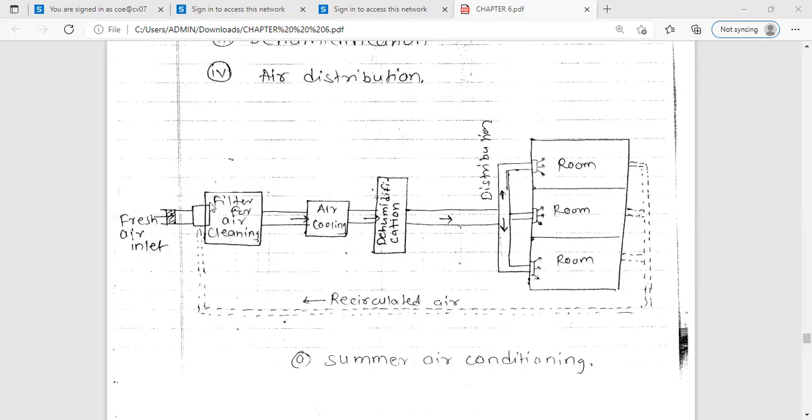For that purpose we provide filters. In that filter unit we filter or clean the air, removing whatever impurities are there, and after removing the impurities, we supply that pure air to the air conditioning unit.